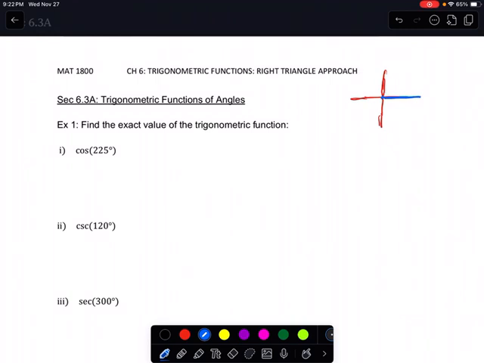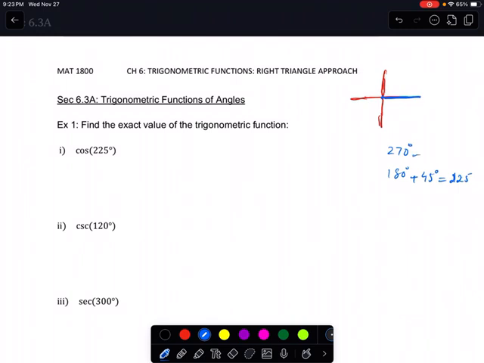Now how will I figure out where the terminal ray of 225 is? Well, if you think about the known angles with which we have been working, 270 is something we know where it is, 180 is something we know where it is. So can we get 225 by adding or subtracting an angle? In this case, if I add 45 to 180, I will get 225.